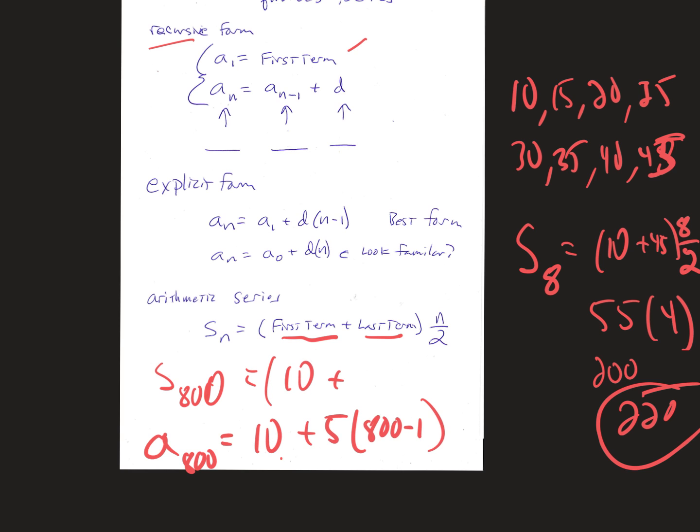I am going to grab a calculator for this. 10 plus 5 times 799. Well, maybe I can do this in my head. If it was 800, it would be 4,000.